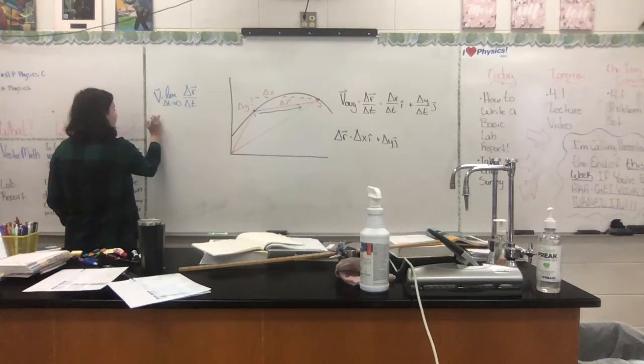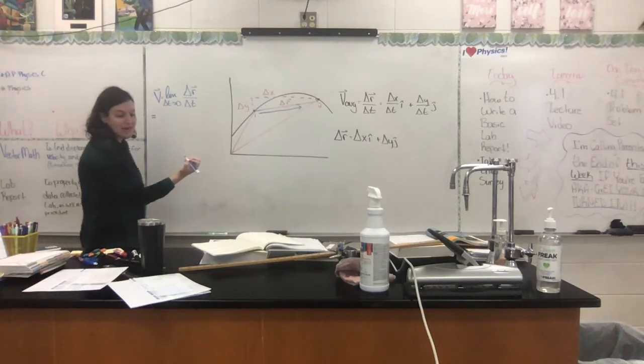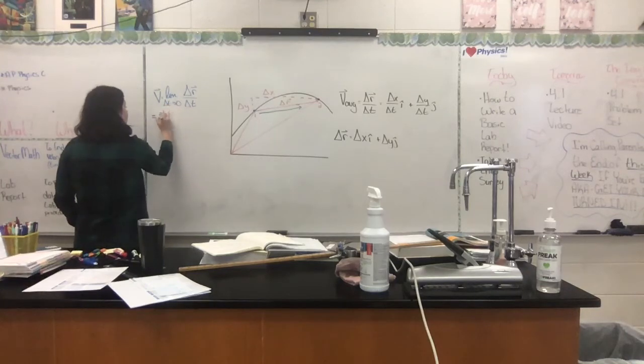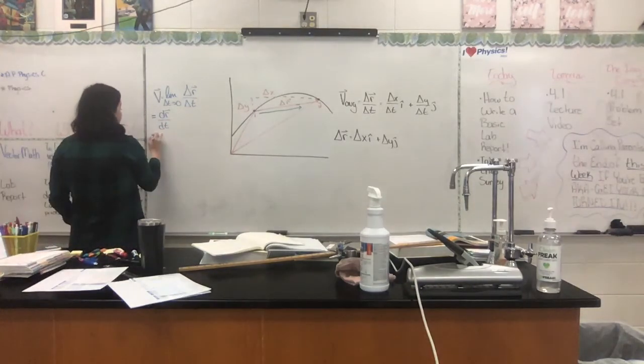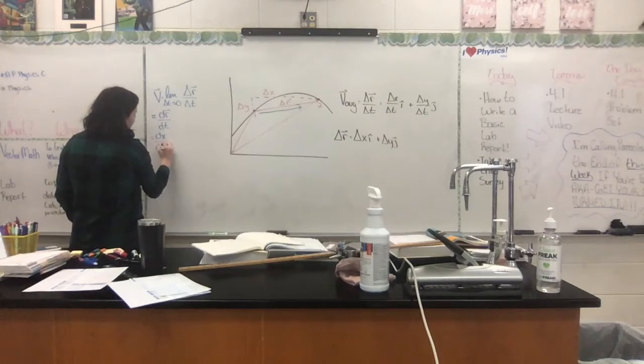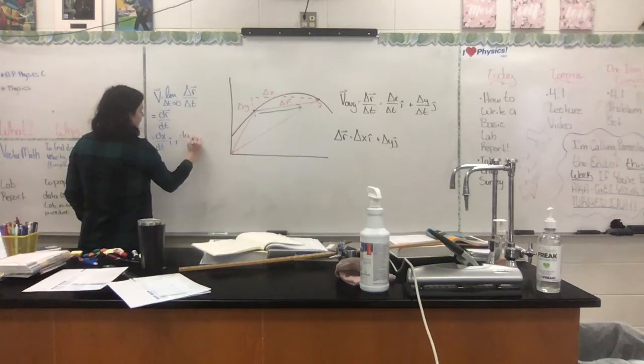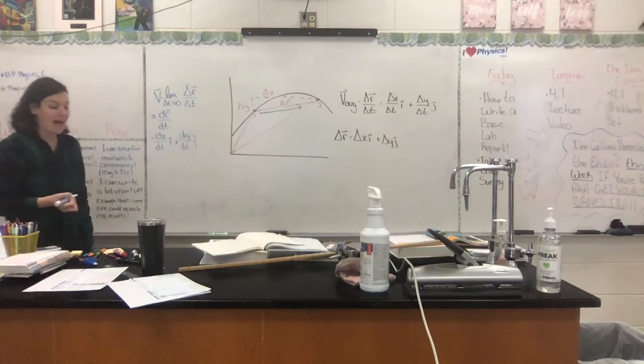Now, if you remember correctly, that means that we do the derivative of position. So we're going to have dr over dt, which means that our instantaneous velocity is going to be the derivative dx over dt i hat plus dy over dt j hat, okay?